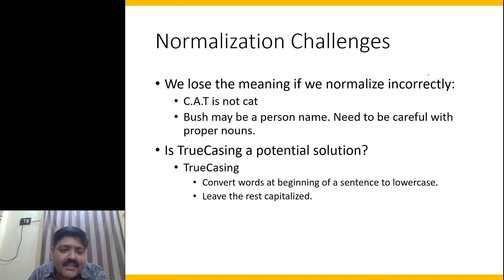Also, we have to decide what kind of normalization is appropriate for a situation. So true casing is simply not converting all the letters to lowercase or uppercase, and just converting words at the beginning of a sentence to lowercase, leaving the rest capitalized, for instance.